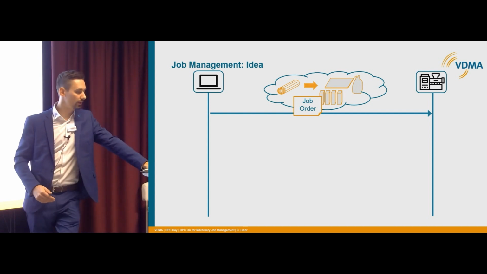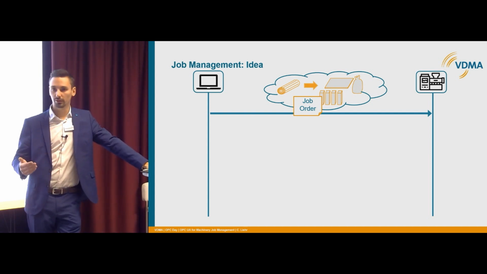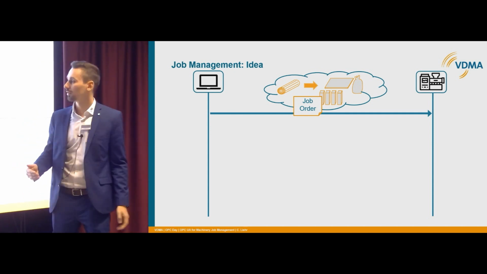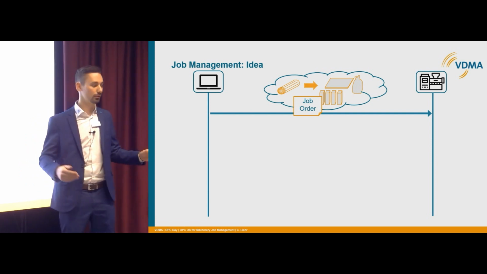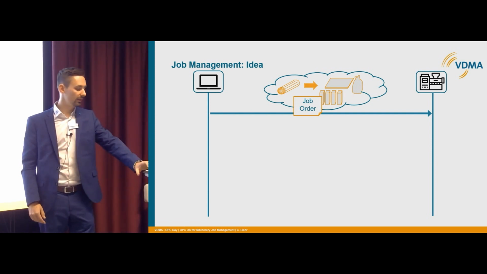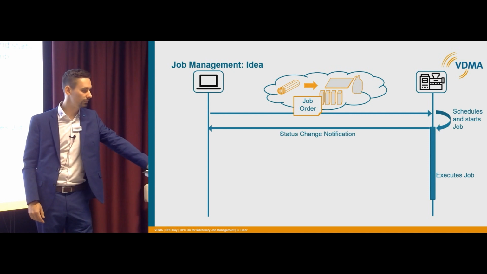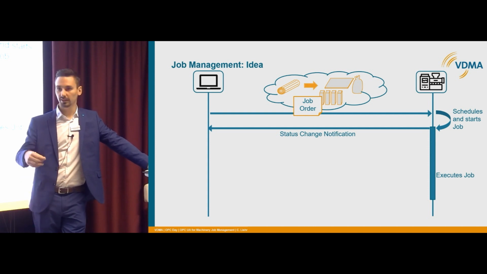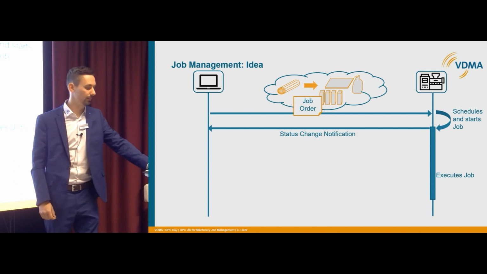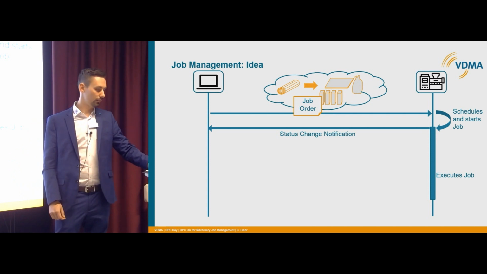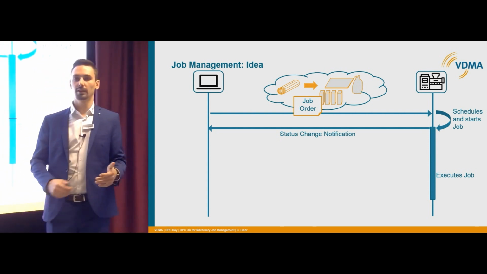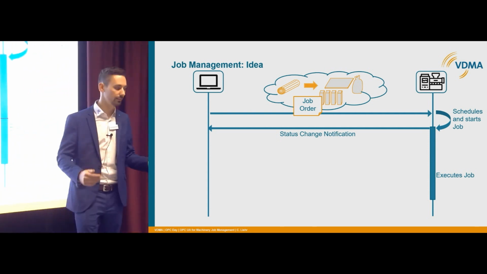In this case, a job order is a request for a unit of work to be executed, and it contains information and parameters the machinery item needs to actually execute the job. And once the job is done, the machinery item is sending back the results as a report of the work that has been done to the upper-lying system. This job result contains additional information that is related to this job, for example, a bill of material or something like this.